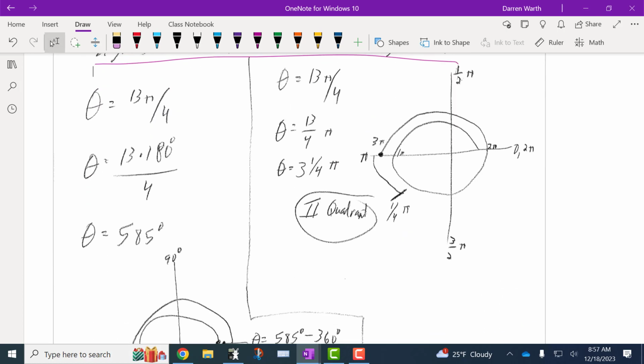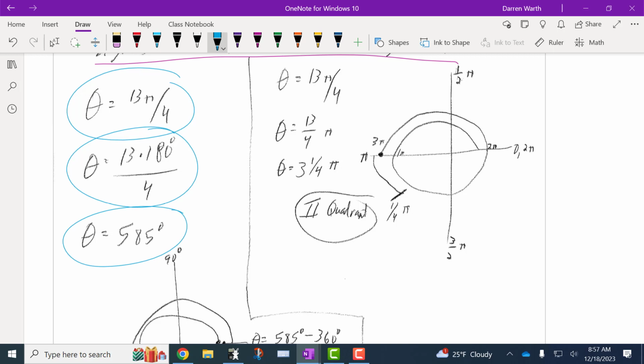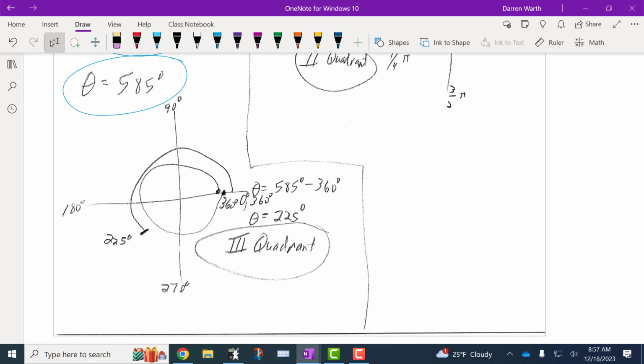In this first way, I changed pi to 180. So I took 13 times 180 divided by 4, and I got 585 degrees. If I do it that way, I just have to go around the entire circle. Notice that when I go around one time, that's 360 degrees.